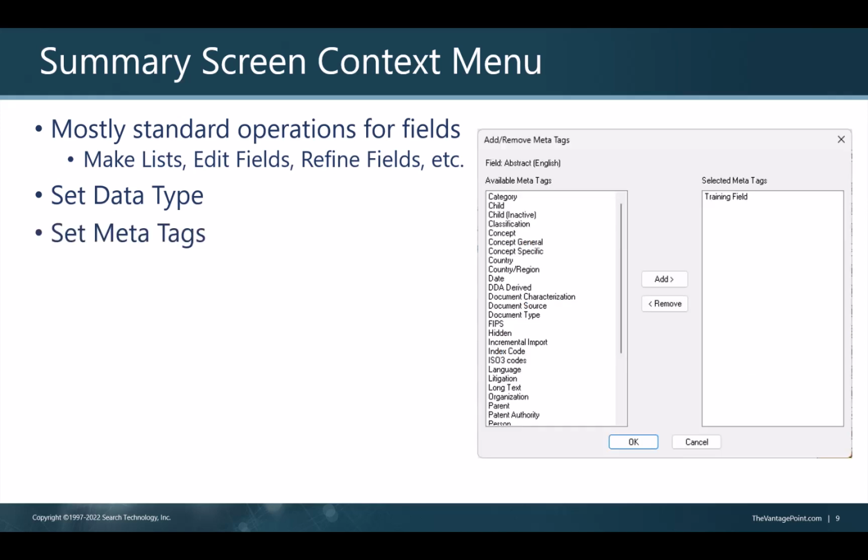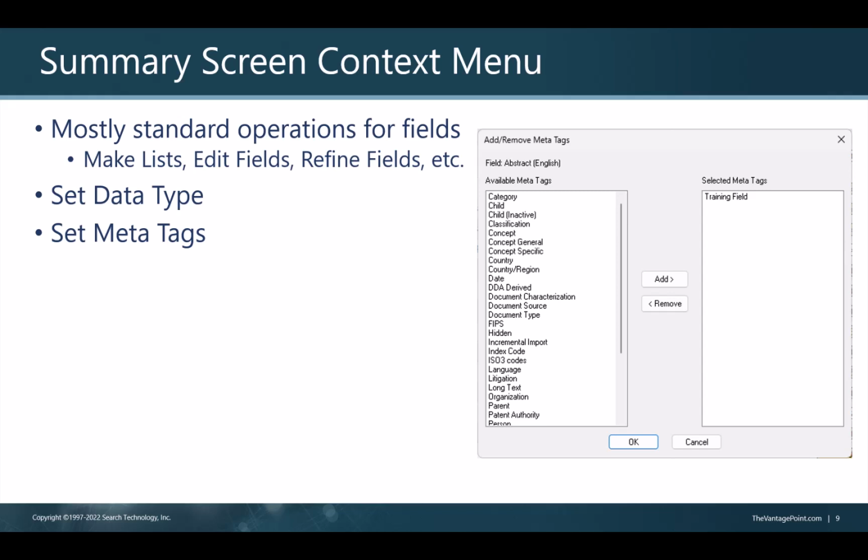Now, meta tags were originally just a way to signal a generic type of a field. Different databases might use different names, but most bibliographic databases will share a lot of similar fields. Title, abstract, publication type, source, organization, person, these sorts of things.